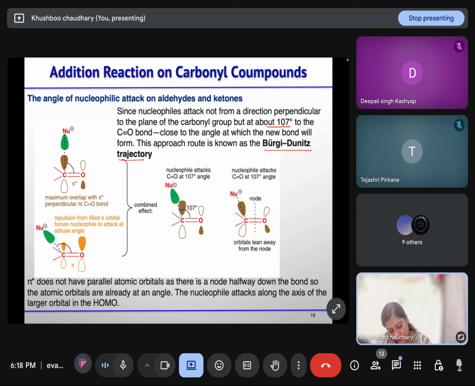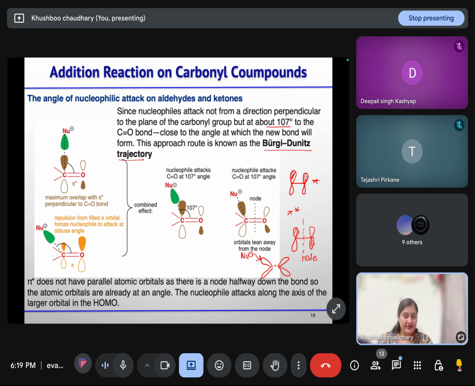We show p orbitals like this, and the pi orbital is perpendicular, but pi star orbitals are not perpendicular. They are at some angle, because in the case of pi star orbital we have one node. Because of the presence of this node, these orbitals will lean themselves away from the node. So that's why your nucleophile can easily approach from the angle of 107 degrees.